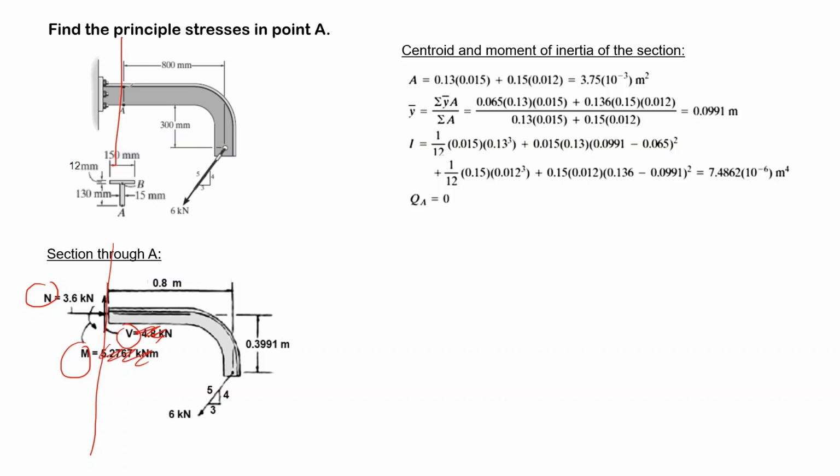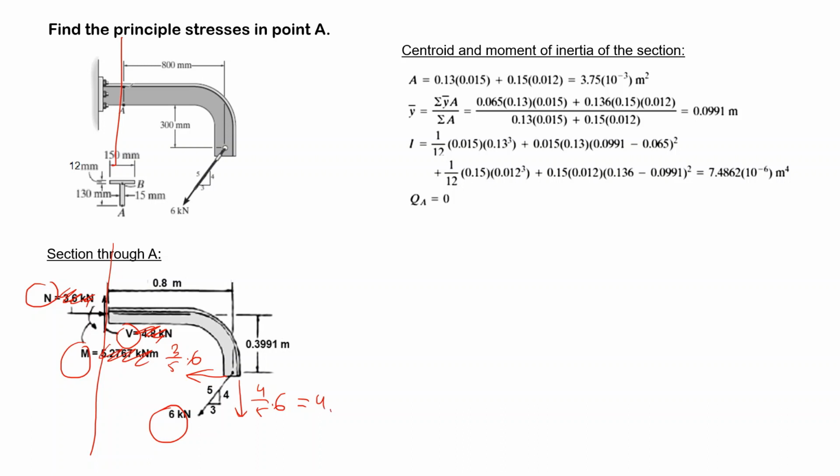We have to determine these values with the help of equilibrium equations. So the external load is 6 kilonewtons, and the horizontal component is 3/5 times 6, and this one is 4/5 times 6.